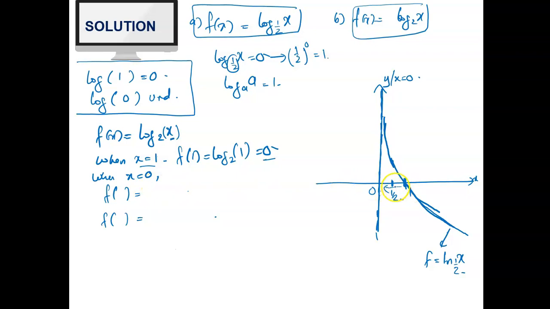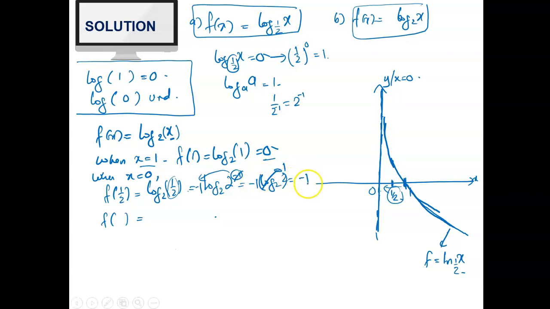Now let's imagine if I put 1 over 2 here: log of 1 over 2 to the base of 2. 1 over 2 is 2 to the power of negative 1, so log of 2 to the power of negative 1 to the base of 2 is negative 1 times log 2 to the base of 2, which is 1, so negative 1. So when x equals half, the function is a negative value, somewhere around here.